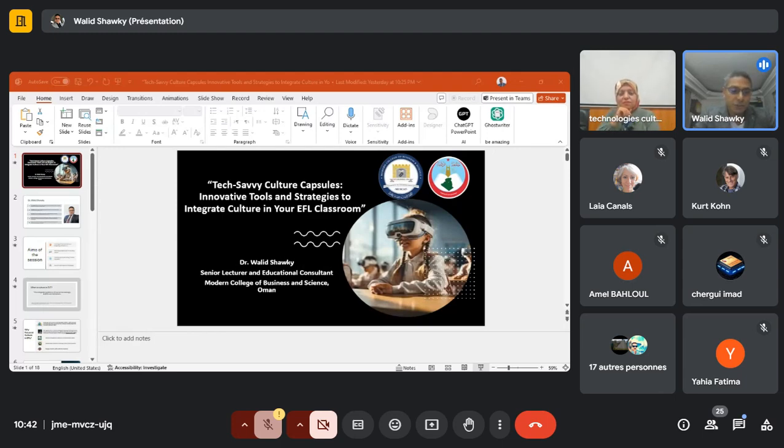What is culture in ELT? As defined by Peterson, the definition we can see on the screen says that it's the integrated patterns of human knowledge, beliefs, and behaviors. So when we talk about culture, we're not only talking about what people do in their daily lives. We are talking about the accumulated knowledge of a specific nation over decades and maybe centuries.